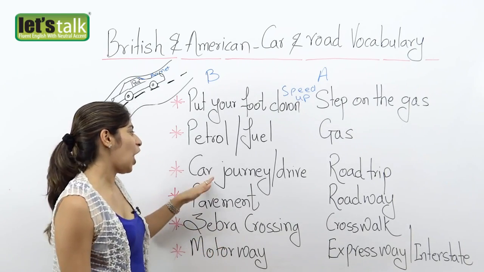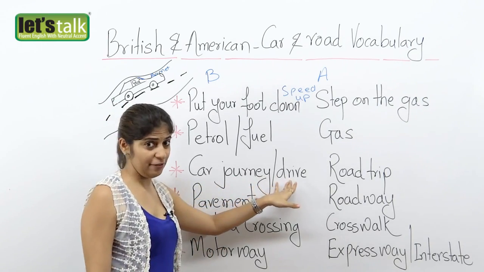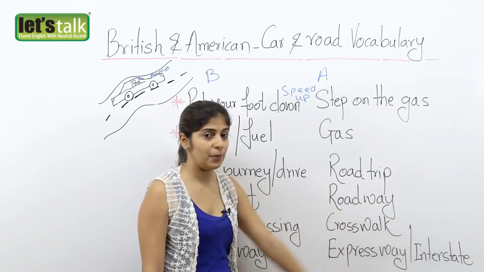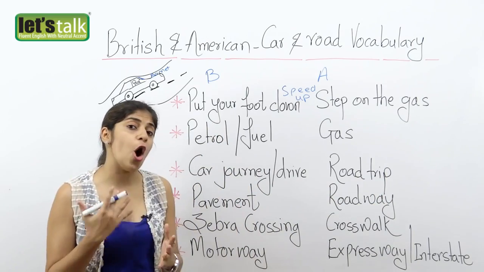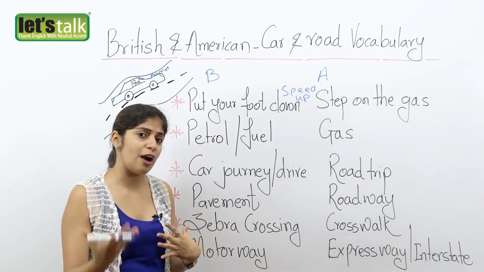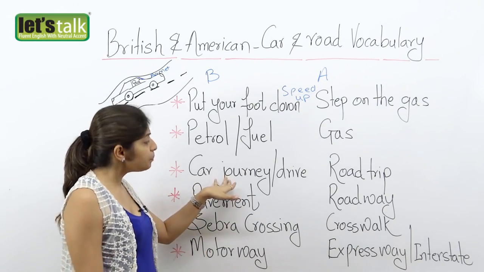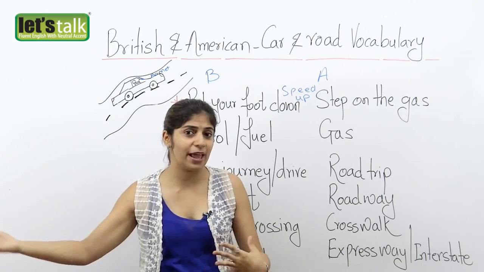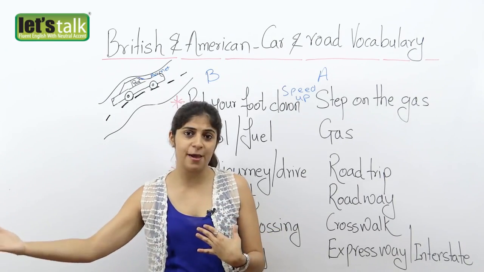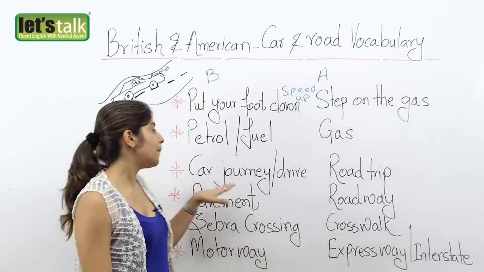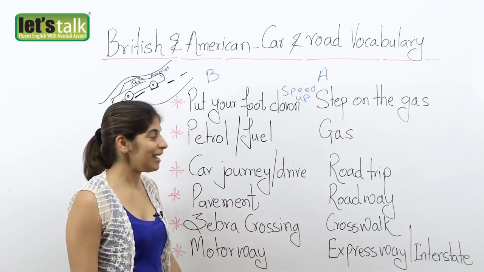Then we have car journey or drive, whereas in American English, it's road trip. Now when people go for a long drive, people say, "Well, we drove to Milton Keynes," so maybe it was a long drive for them, so they went for a drive or they drove to Milton Keynes.